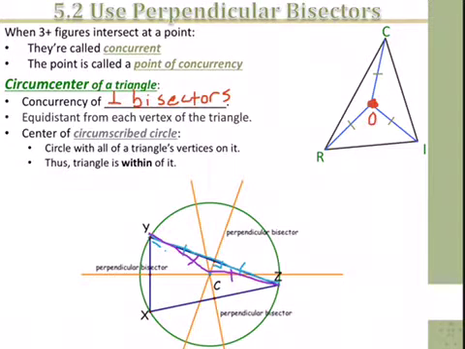So let me get rid of some of this other stuff in here. And again, that's because C is on the perpendicular bisector of YZ. So, guess what? I could look at any of the other perpendicular bisectors and say the same thing.